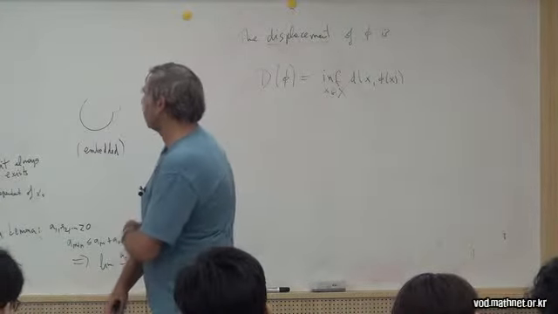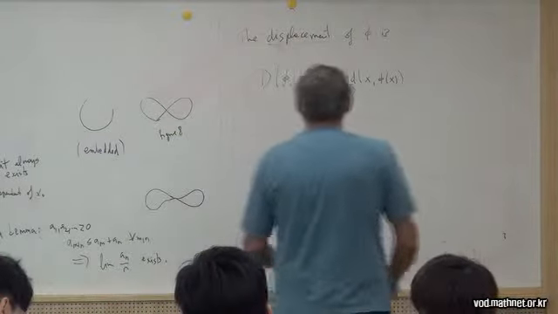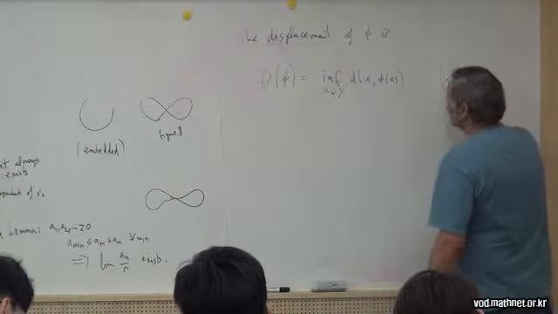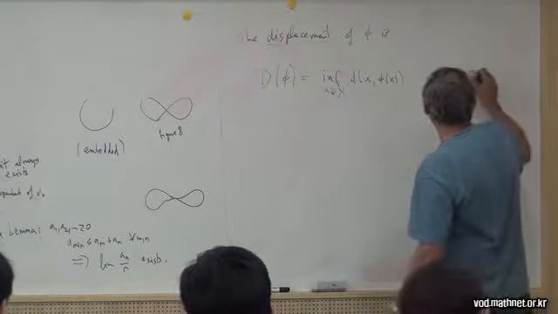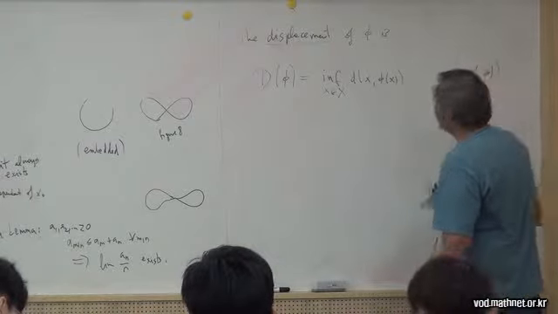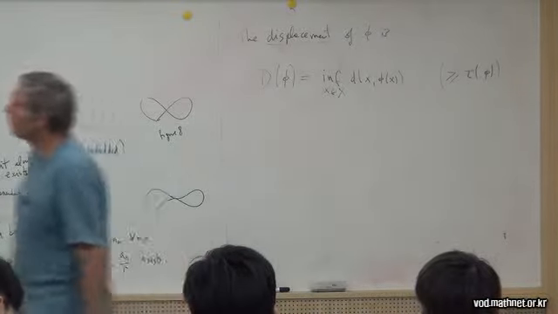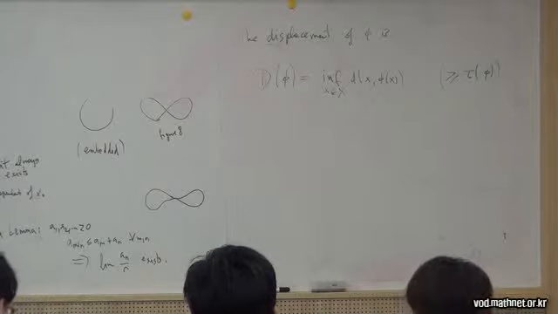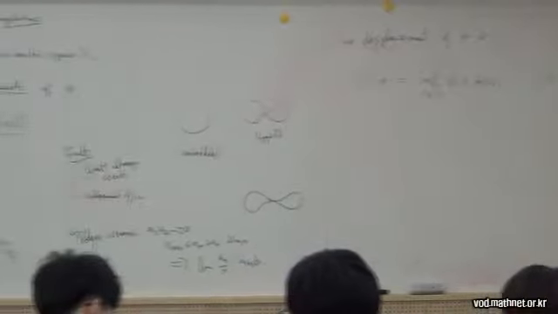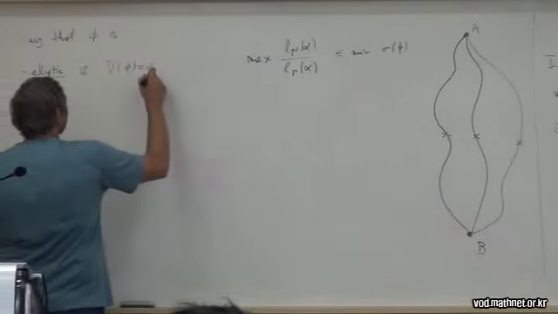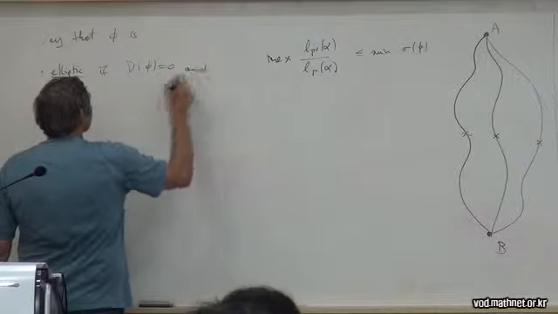I guess this is always greater than or equal to tau of phi. And here I want d, not tau. If d of phi is 0 and is realized.